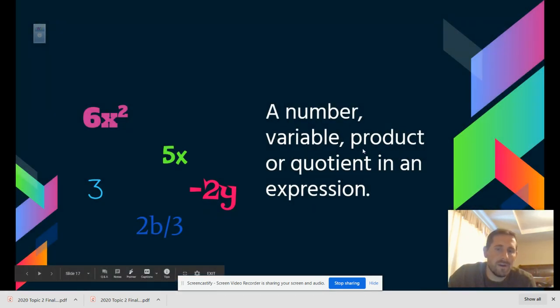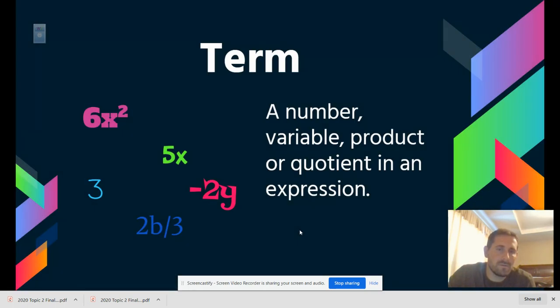So a number, variable, product, or quotient in an expression, that's known as a term. So whenever you have a term, like it says here, it's a number, variable, product, or quotient in an expression. So if I have 5x plus 12, that separation with a sign, with an operation of plus or minus, those are combined and considered a term.